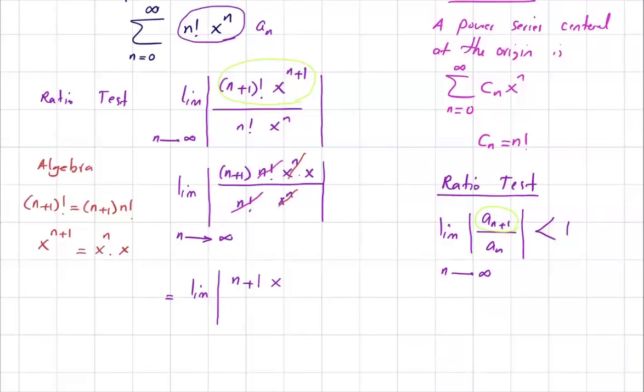So you can simplify this. You end up with the limit of the absolute value of (n plus 1) times x as n goes to infinity. So we want this to be less than 1. How is this possible?